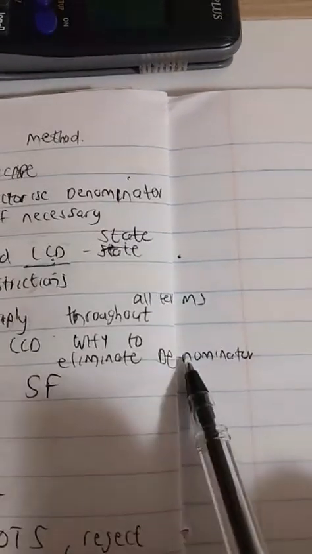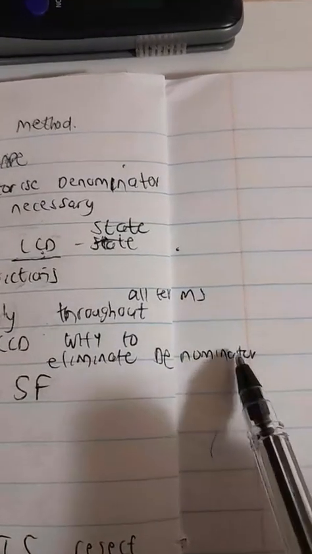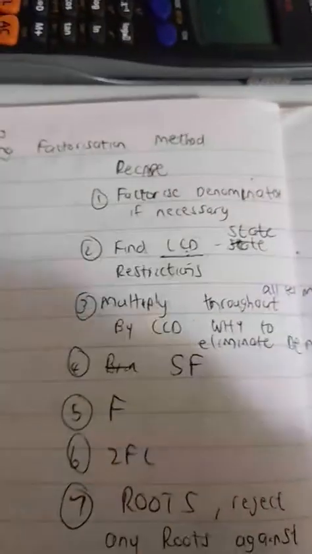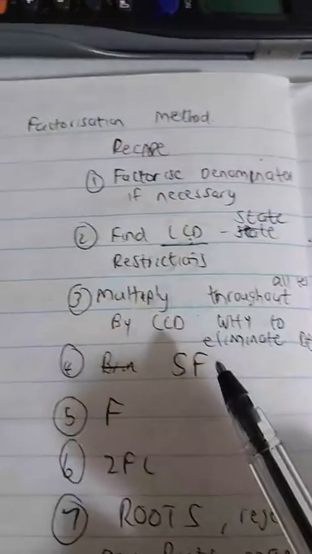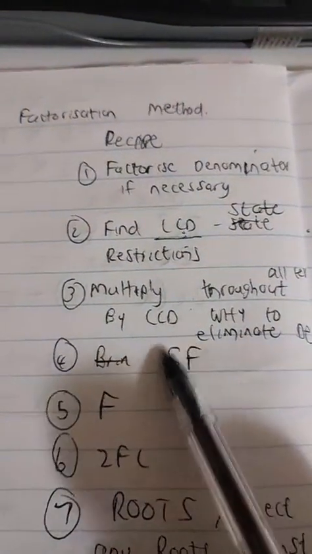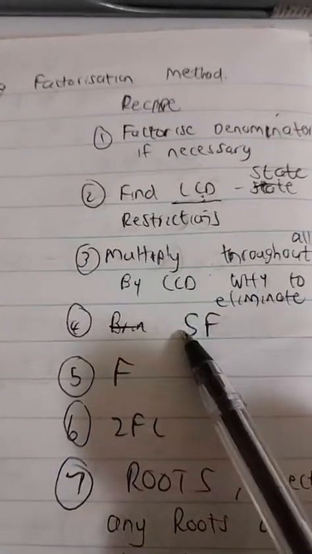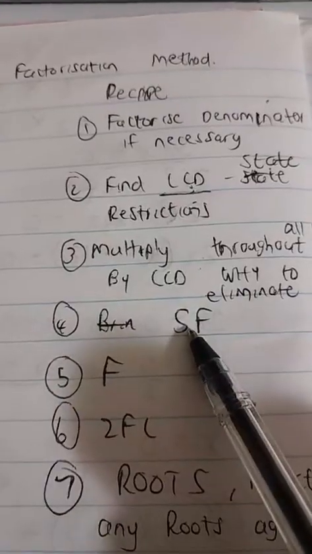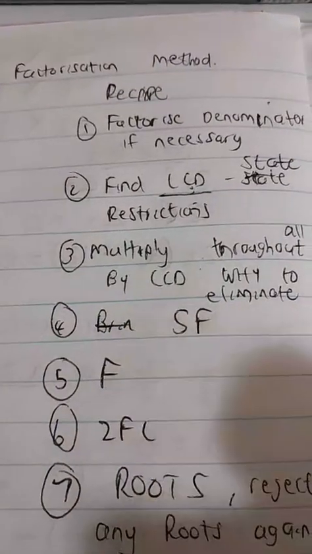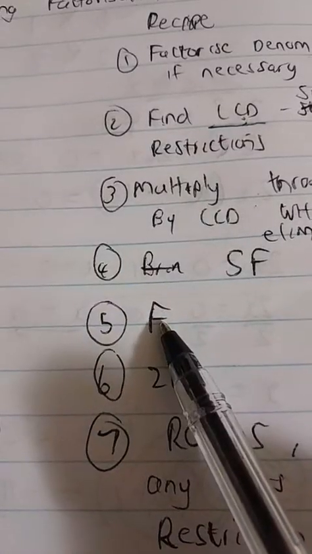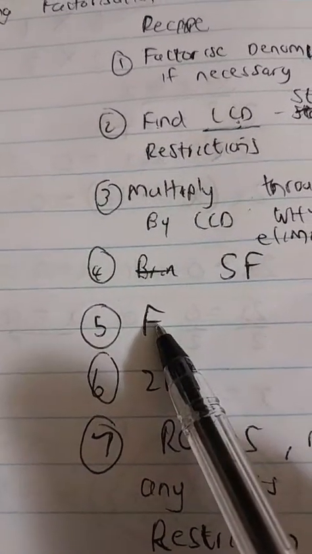Why do we multiply throughout all terms by the LCD? To eliminate the denominator. We don't want to have a denominator when we are solving, because we want to get to a place where we have a standard form of that equation. And we know standard form means ax squared plus bx plus c is equal to 0, that form. Then after that we do what? We factorize, because we are still applying the factorization method.